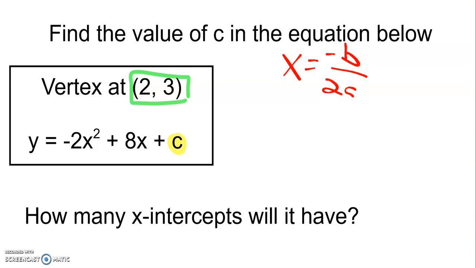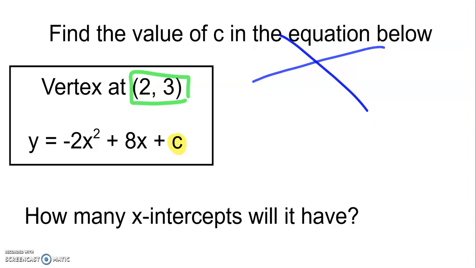But I already know the x value of the vertex. I already have the b and the a value, and I'm trying to find the c value here. So that might not give me much guidance, and I probably don't want to use that method.